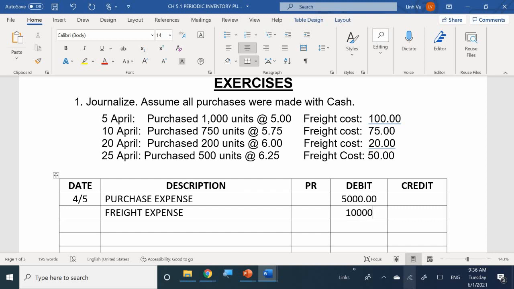So therefore, in grand total, how much did I pay in cash? 5,100. 5,100, right? In this case, I specified that we paid in cash.